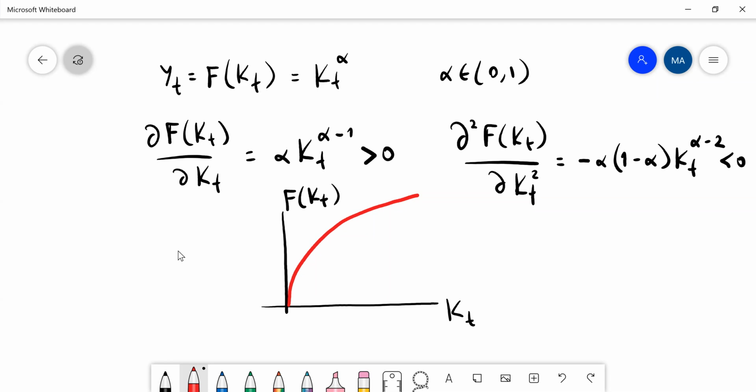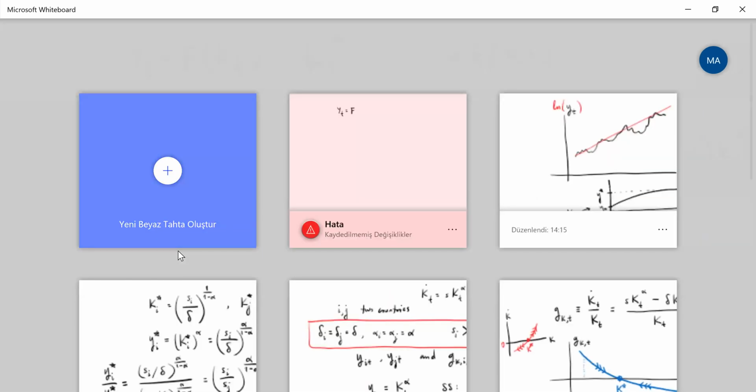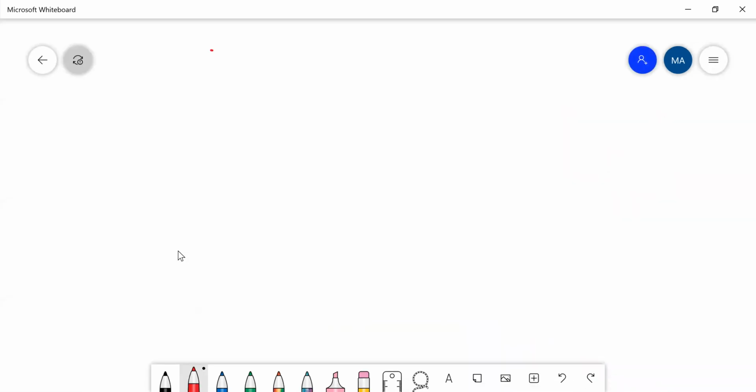Now let's go back to our example. Remember that saving rate is larger in country I, and initial capital stock is larger in country J. And growth rate in country I will be what?